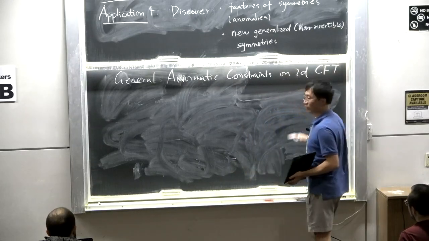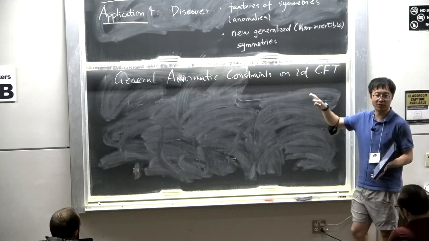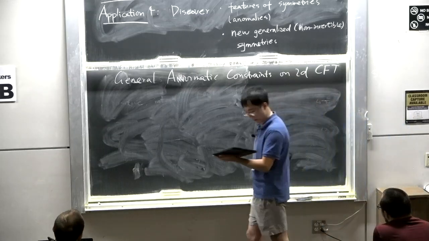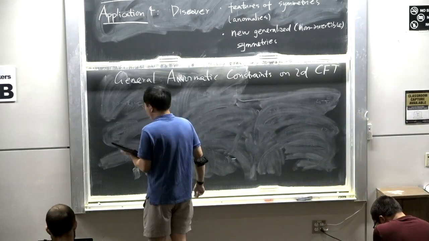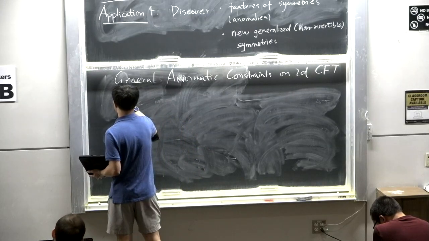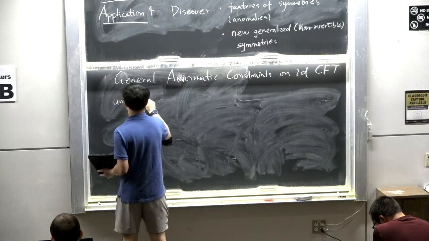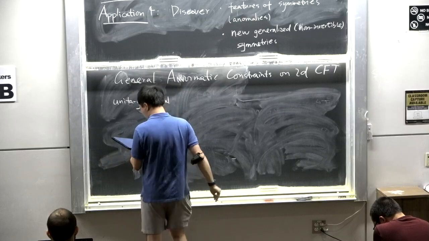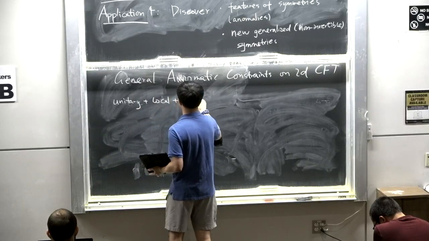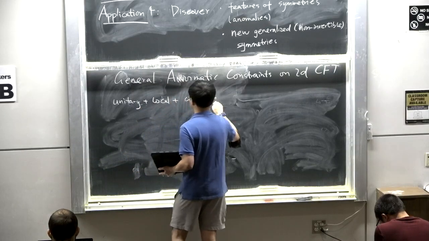So once again, modular invariance is just one corner of this huge zoo of axiomatic constraints. As I said, we are focusing on theories that are unitary, local, and have conformal symmetry, and also bosonic with a unique vacuum.